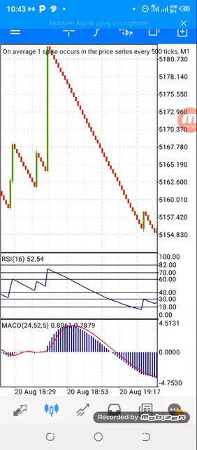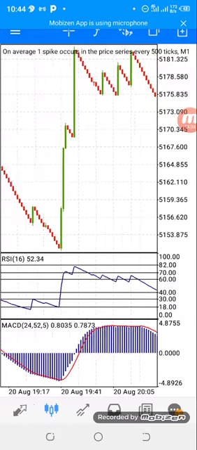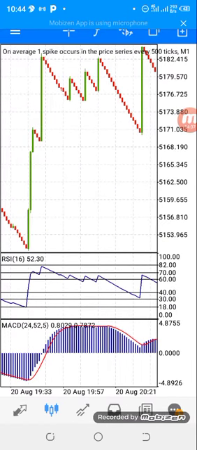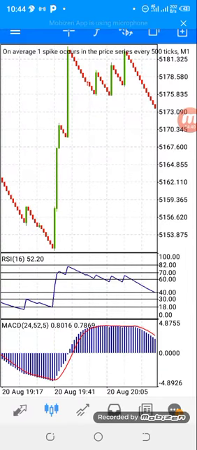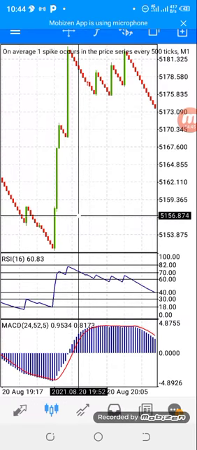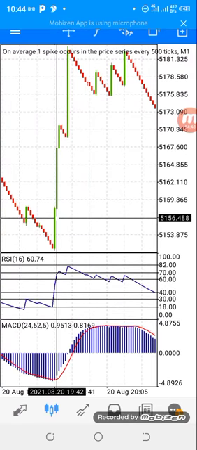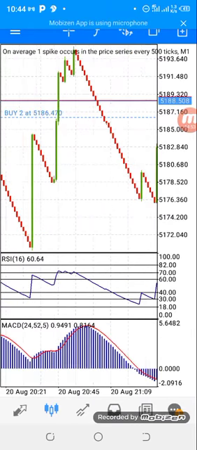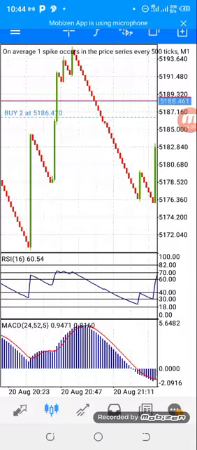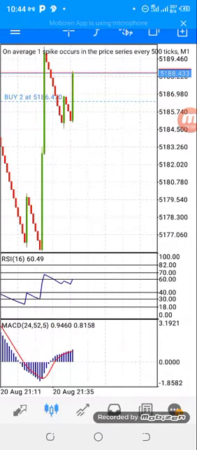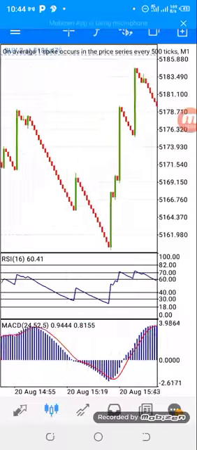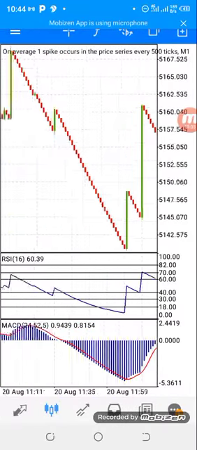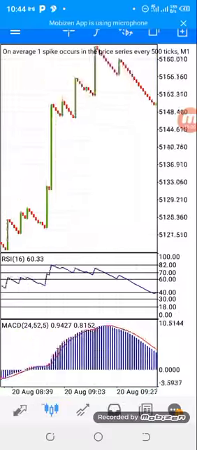Now I said if you are trading Boom 500 and Boom 1000, you are expecting to see the MACD bars above the red signal line. Now looking at this angle, we have a MACD bar.